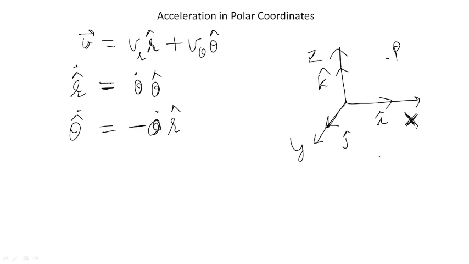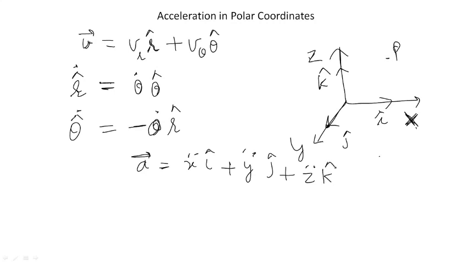Now acceleration, you earlier know that in terms of the Cartesian coordinates, you can write your acceleration A is equal to x double dot unit vector I plus y double dot unit vector j plus z double dot k.